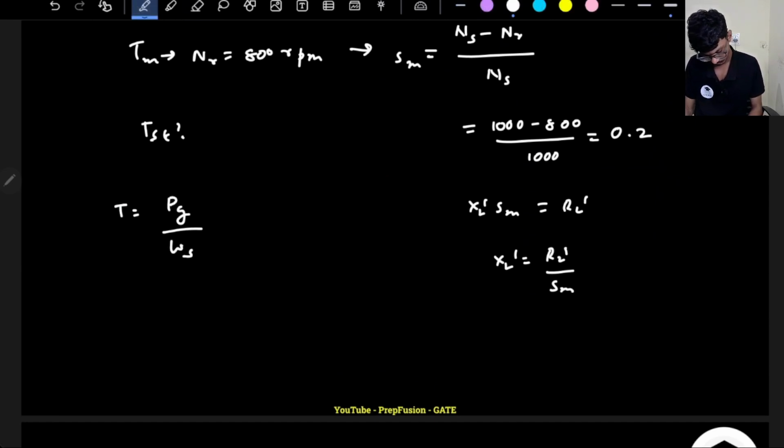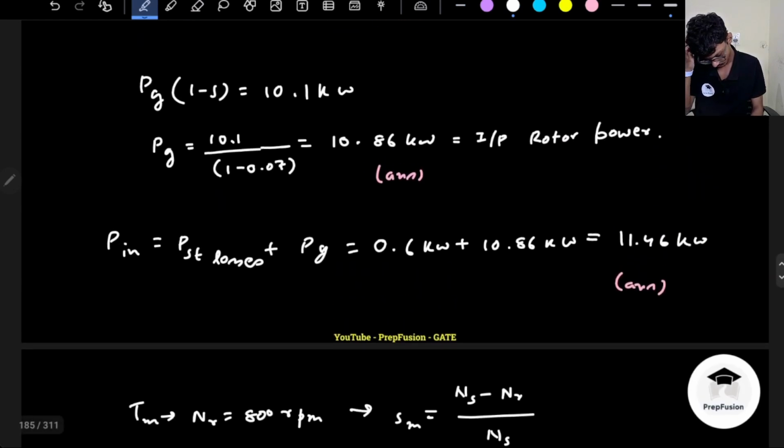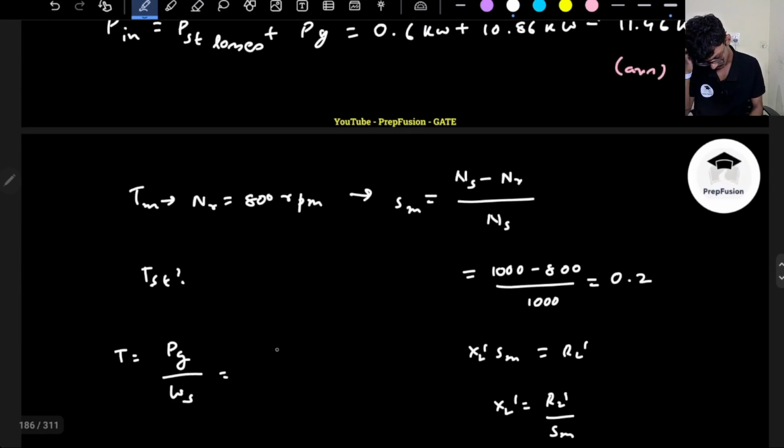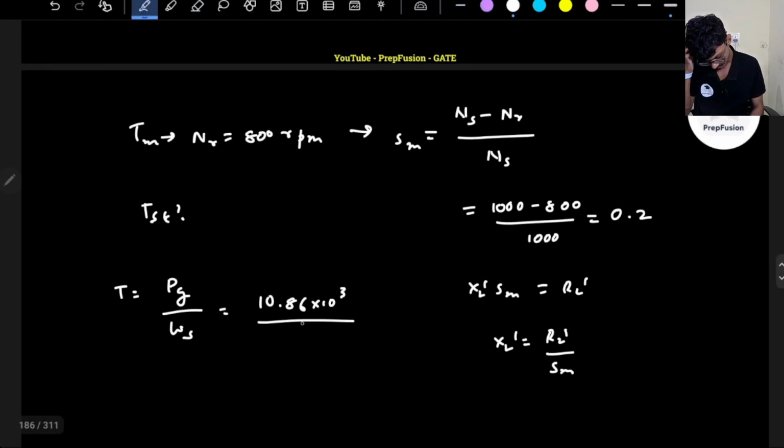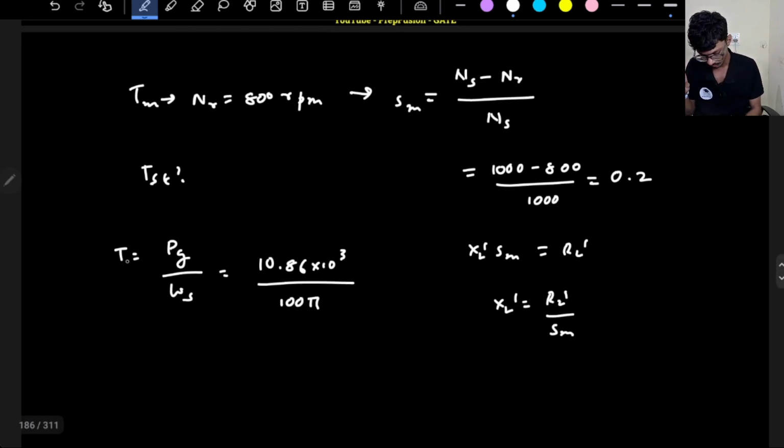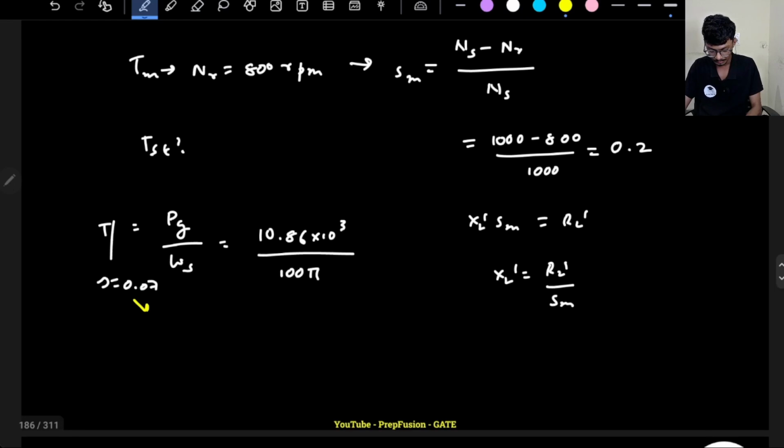So this torque is equal to Pg, 10.86 kilowatt, divided by omega s. Omega s is 100 pi, right? So this is my torque in the first case, for slip equal to 0.07.